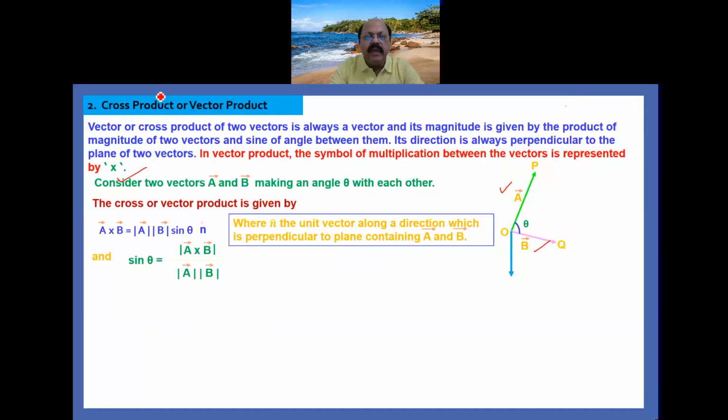And from here we can write sine theta equal to mod of a vector cross b vector upon mod of a vector mod of b vector. A vector cross b vector means the vector A is rotated towards B and its effect is taken on B vector. You can see here in the diagram.